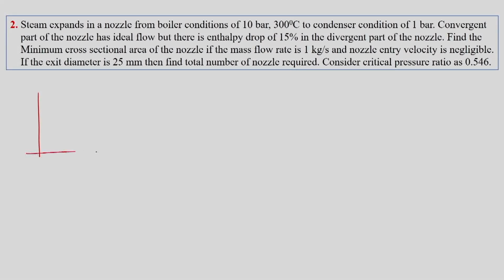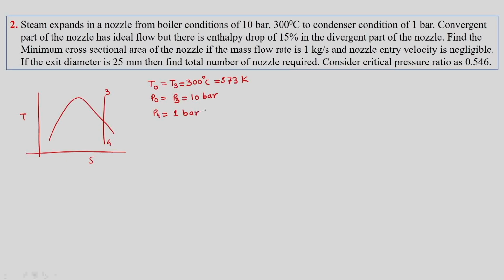0.546. So, here as well we will first draw the TS diagram. Here as well we will have 3 and 4. So, the given conditions are T naught is equal to T3 is equal to 300 degrees Celsius is equal to 573 Kelvin, P naught is equal to P3 is equal to 10 bar, and P4 is equal to 1 bar.